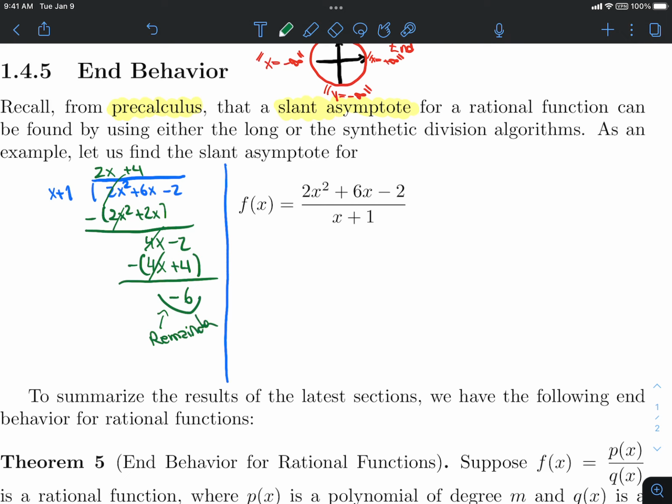So this is the part that I can't divide further, and that means the result would be the quotient on the top, 2x plus 4, that's the result, quote unquote. But then there's this remainder, which is a part that I couldn't divide further, so that stays on the top of the fraction. So what does that mean?